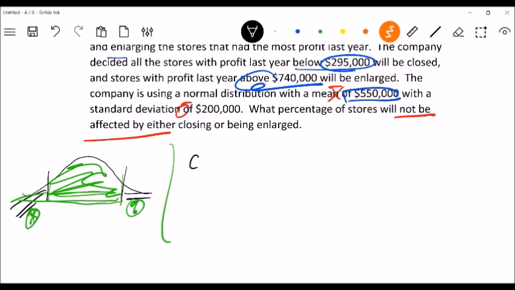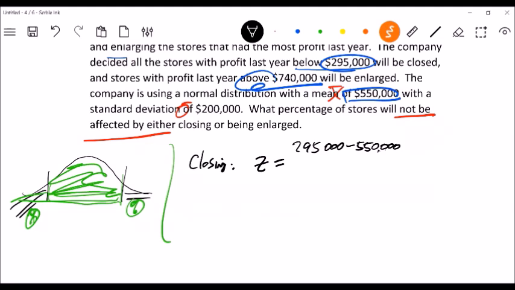So first, closing. The ones that are closing have this z. They're 290, the amount, 295,000 minus the mean, 550,000.